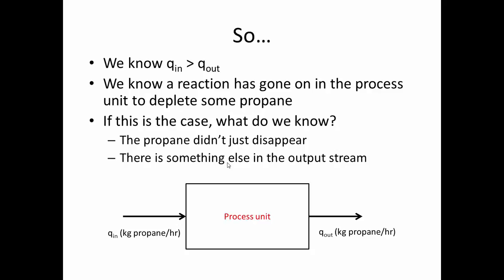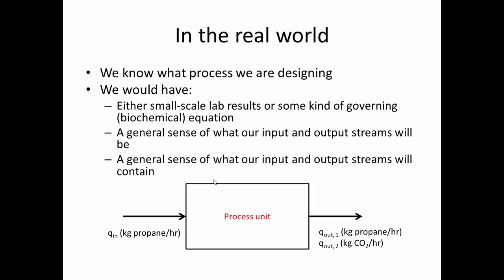It could be that there is something else in the output stream, and that would have to be the case if there is some kind of reaction going on involving propane. Propane would have had to turn into something else. Maybe carbon dioxide, which is what you get when you burn propane. So it could be that we've got carbon dioxide going on here.